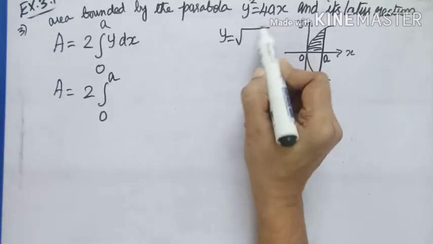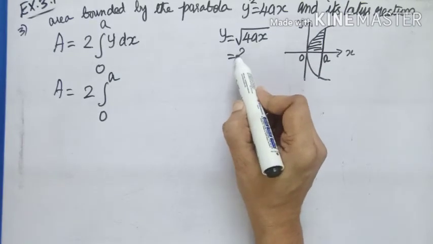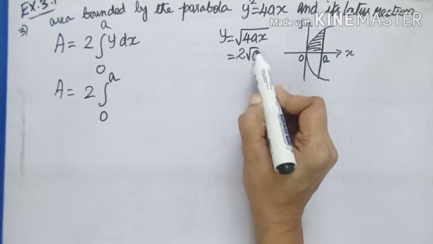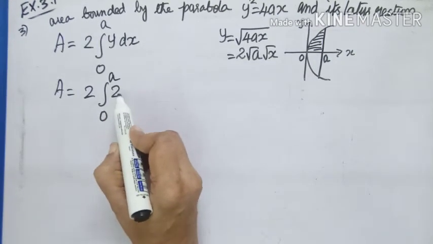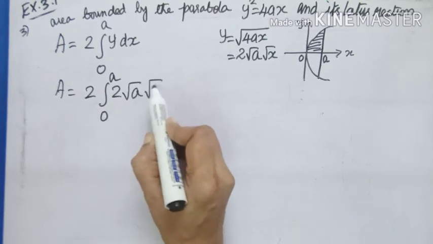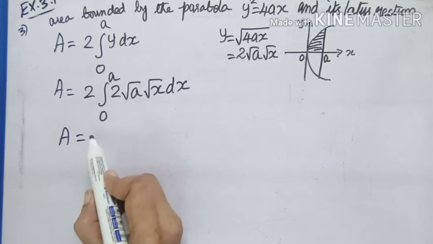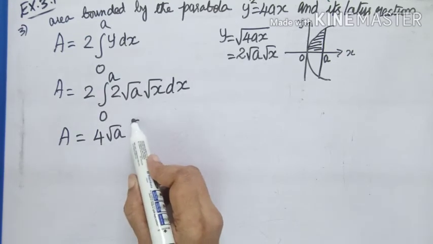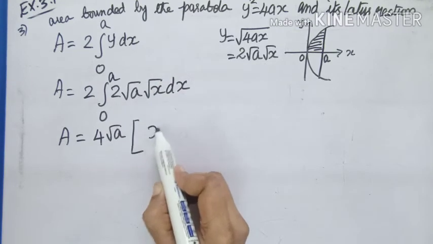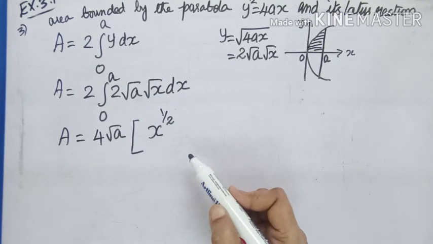What is y from the question? Y equals root of 4ax. Root of 4 is 2. Root of ax is root a and root x. So let me substitute 2 root a root x dx. So 2 2's are 4. Root a comes out. Integral root x means x to the power 1 by 2.